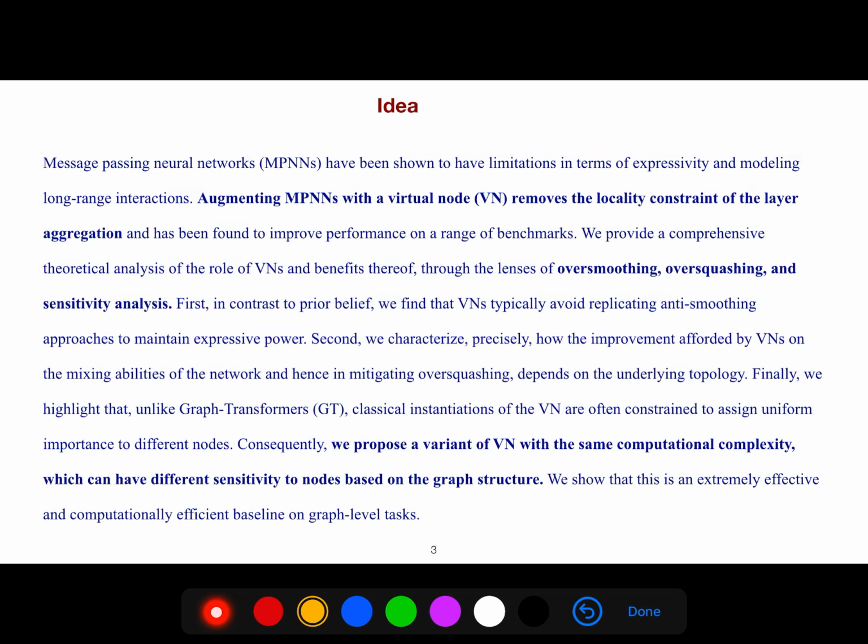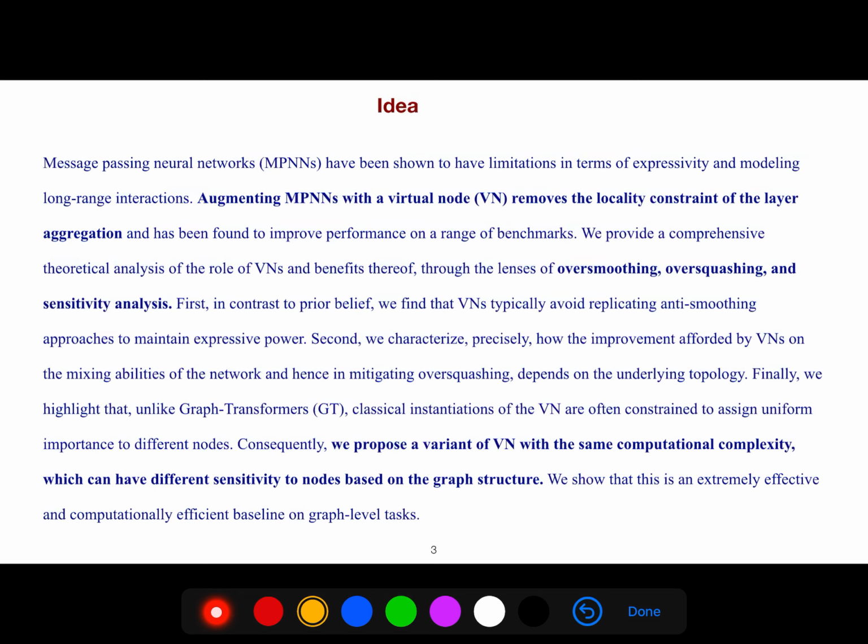We provide a comprehensive theoretical analysis of the role of virtual nodes and the benefits thereof through the lenses of oversmoothing, oversquashing, and sensitivity analysis. First, in contrast to prior belief, we find that virtual nodes typically avoid replicating anti-smoothing approaches to maintain expressive power.